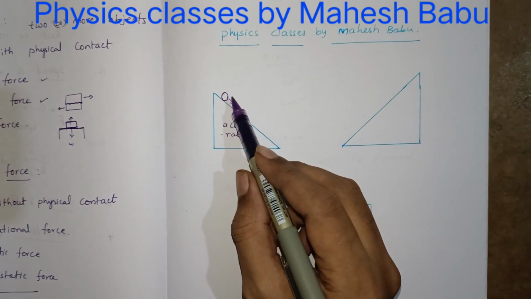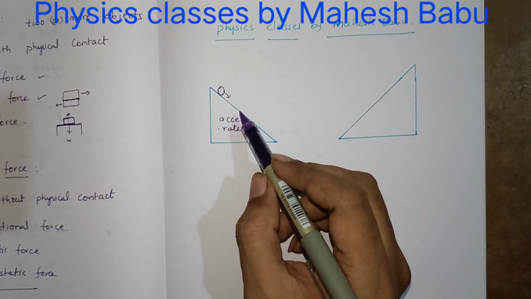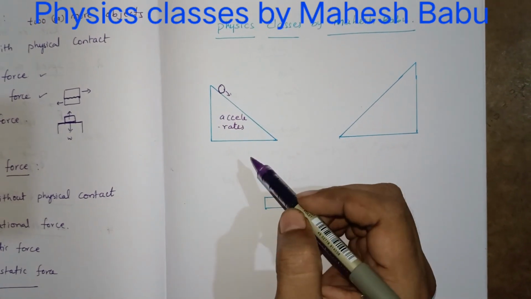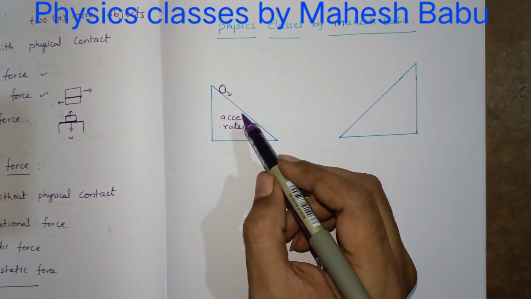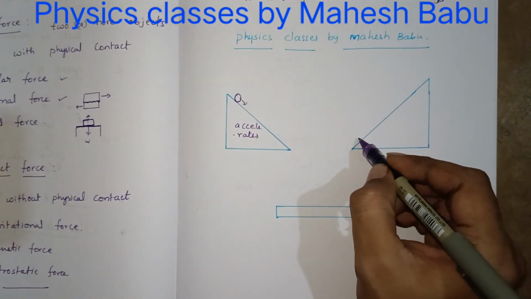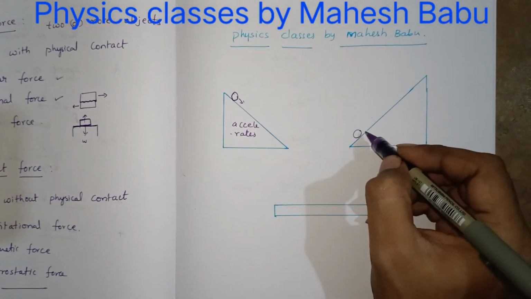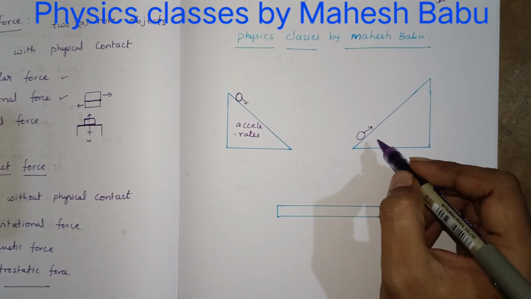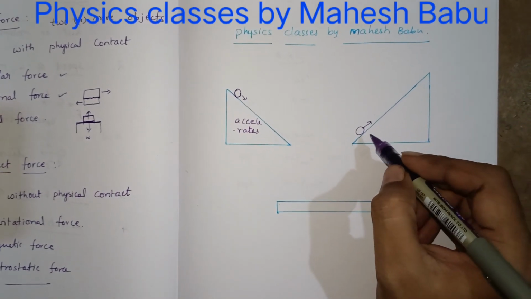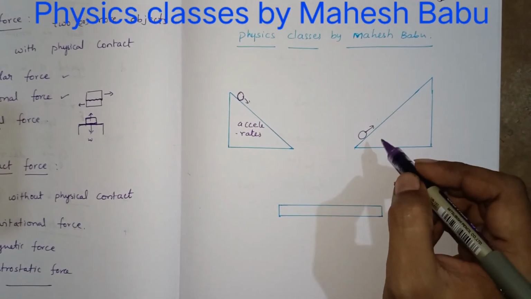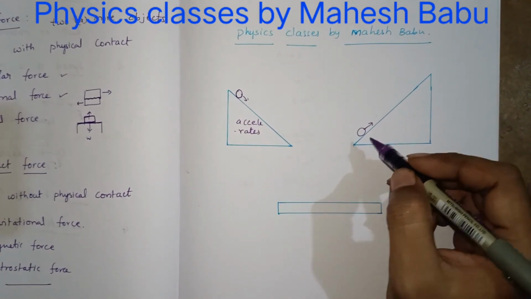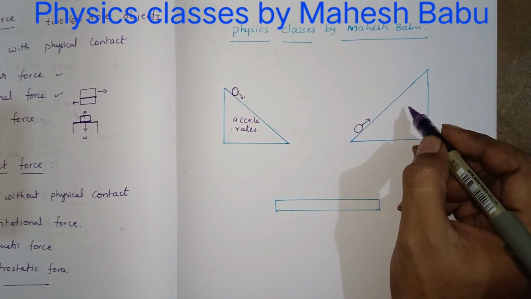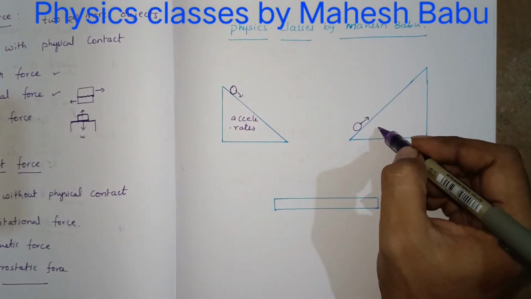The body which is coming down on an inclined plane accelerates because of the gravitational force acting on it in the same direction. Now the same ball, if sent upwards on an inclined plane with certain force, as it is going up, gravitational force is acting downward, so it retards.